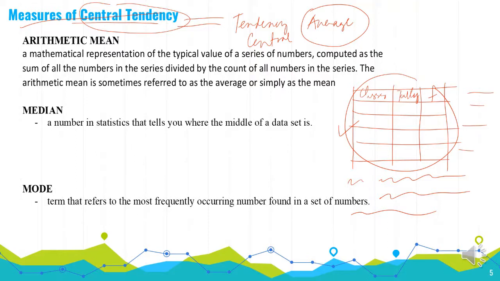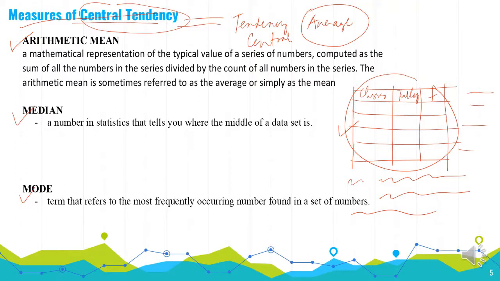There are three that you can use for that numerical value. You get the arithmetic mean, the median, or the mode. The arithmetic mean is a mathematical representation of the typical value of a series of numbers, computed as the sum of all the numbers in the series divided by the count of all numbers in the series.